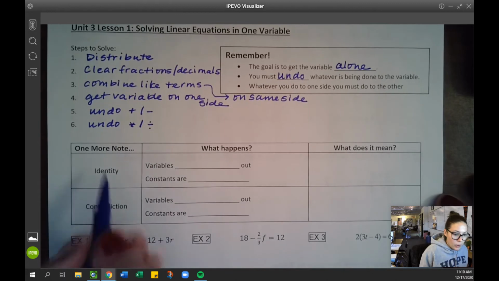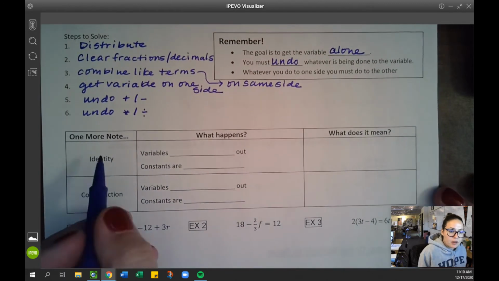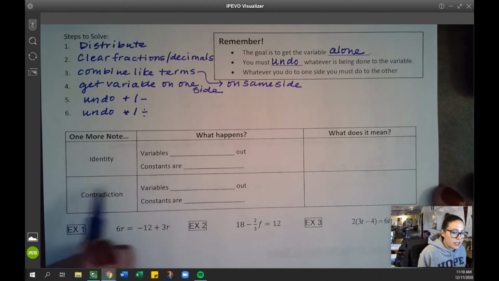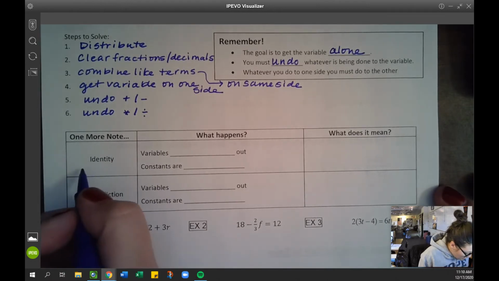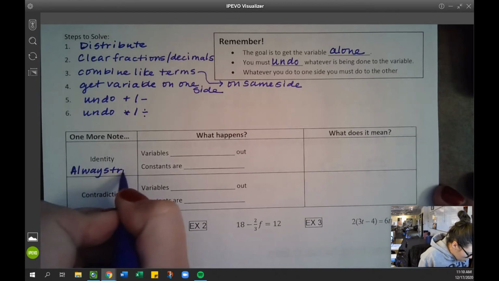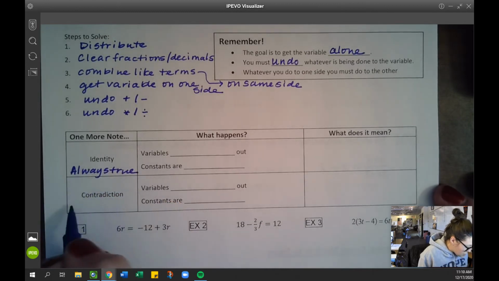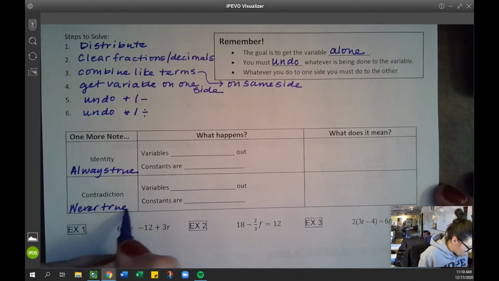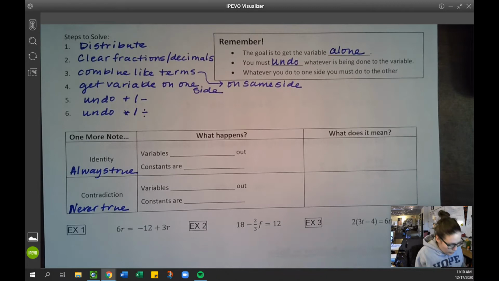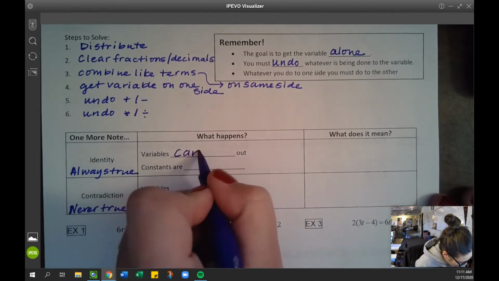All right, one more thing. We sometimes have identities or contradictions. Identities are things that are always true. Contradictions are things that are never true. And these occur when the variables cancel out.